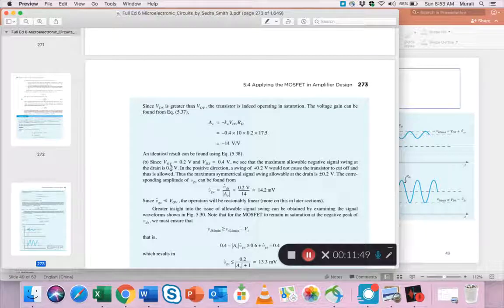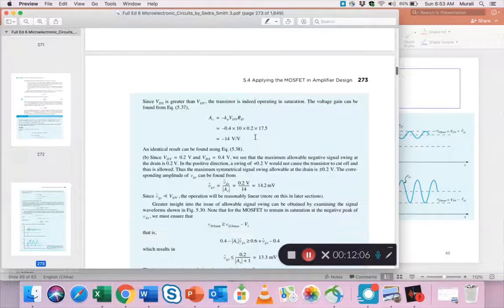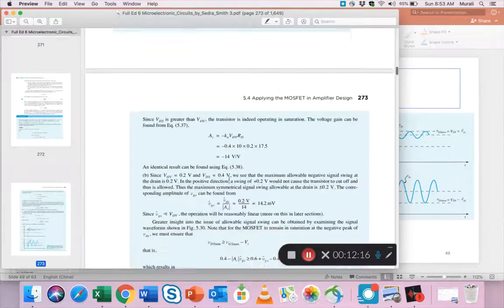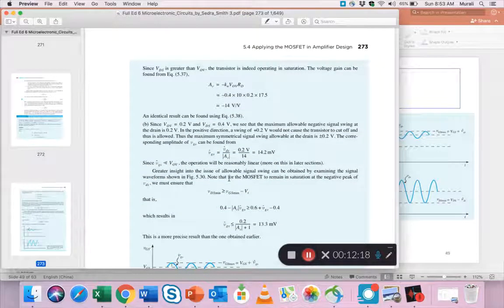Similarly, a sine wave is symmetrical on both sides. So if you're going 0.2 on the negative, the positive also you go 0.2. And so on the positive side, you add 0.4 and 0.2, you reach a limit of 0.6. Now that is not a problem, because only until you reach VDD, which is 1.8, do you go into cutoff on the upper side.